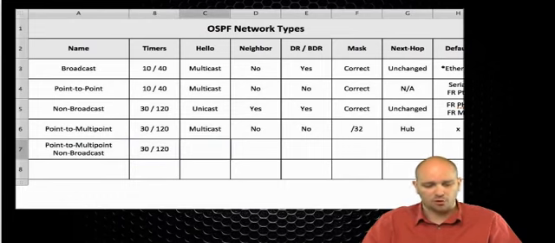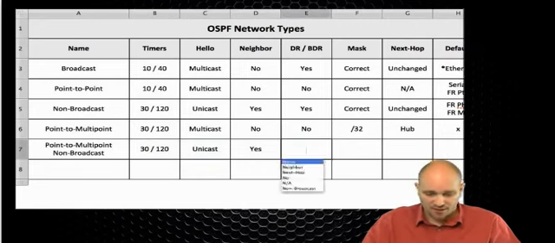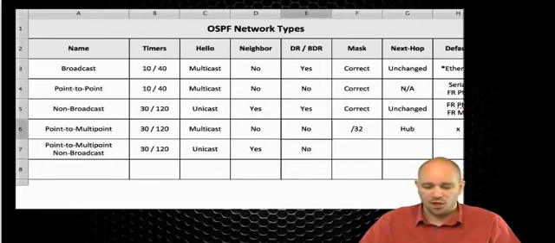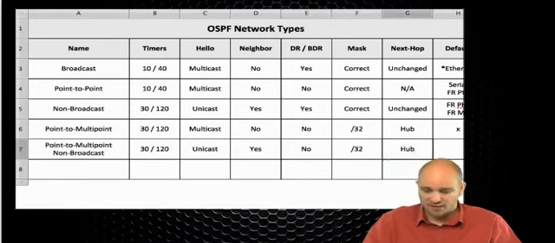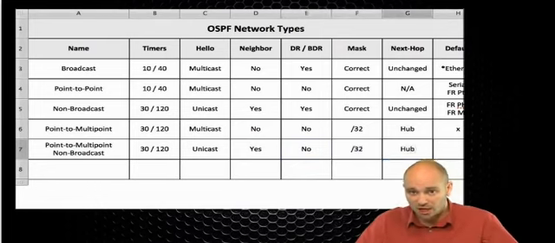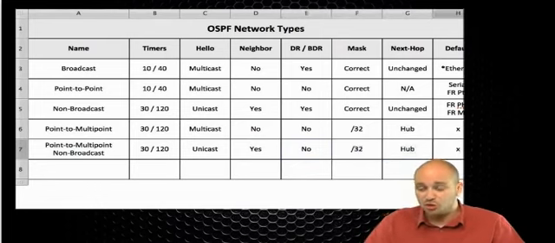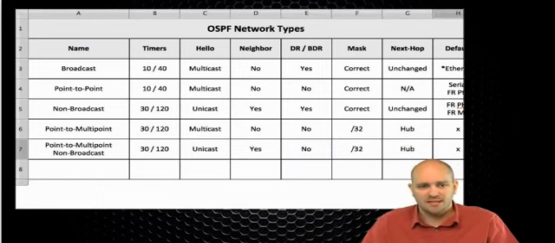The timers are going to be the slow timers. Because it's non-broadcast, we are going to be sending unicast hellos, which means we need a neighbor statement. There is no DR, BDR election. /32 gets advertised. The next hop is the hub, which means it gets changed when advertised, and this is not the default on any of the interface types. So as you can see, very easy and straightforward.